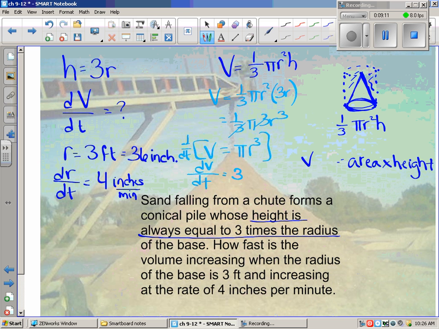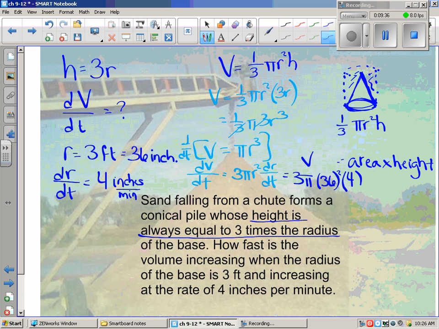So that would be 3 pi r squared dr/dt. And now we're going to use that to solve for the rest, with the information we have. We don't know dV/dt, but we do know that our radius is 36, and we do know that our rate is 4 inches, okay?